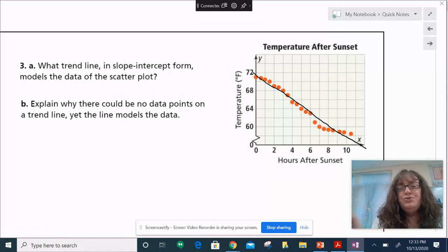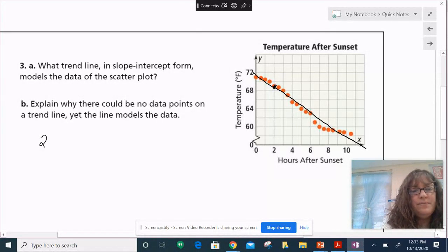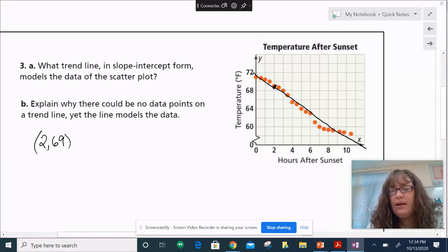Again, we're going to choose 2 points. And so in this case, I'm going to choose, I don't know, maybe 2, 69. And then I'm going to come over here and choose maybe 8, 60.